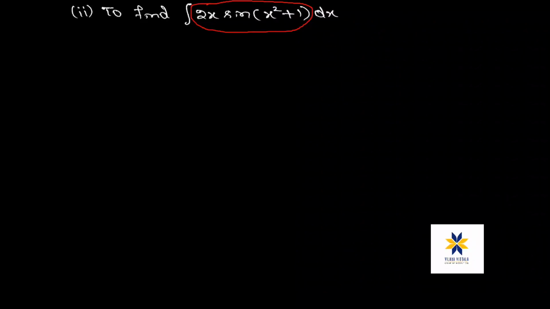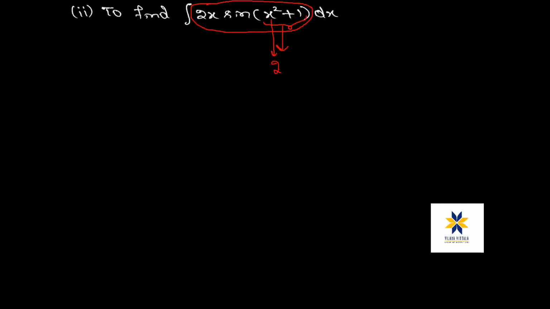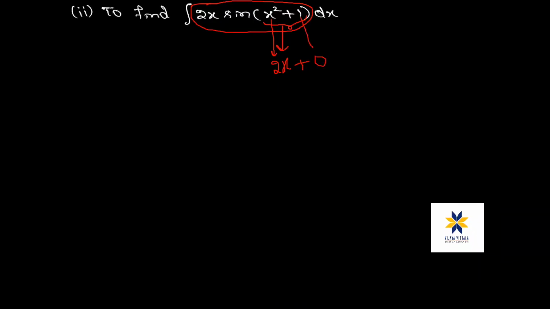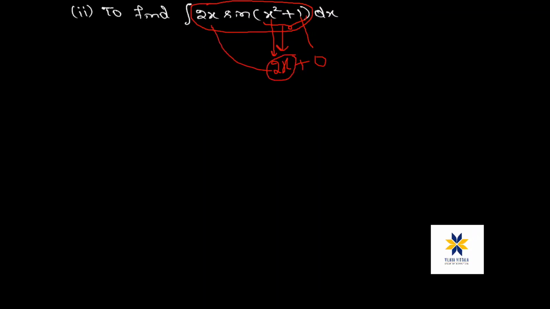Can you observe, when we differentiate this x square plus 1, what we get? Differentiation of x square is 2x and differentiation of 1 will be 0. So finally what we got? We got 2x, which is here already as a part of integrand.